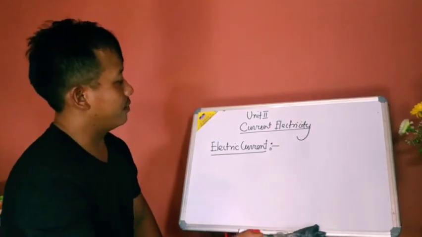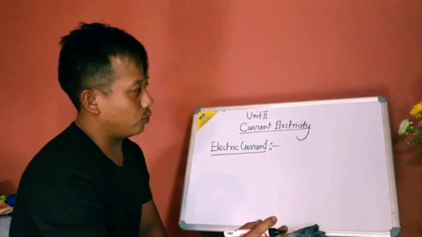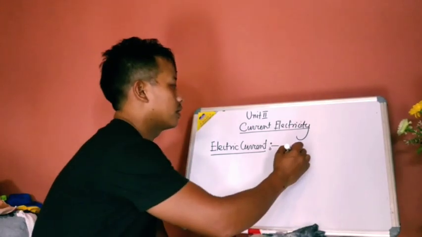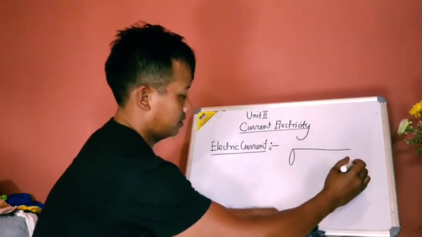See, before we define the term electric current, we should know the concept of movement of electrons inside a conductor.